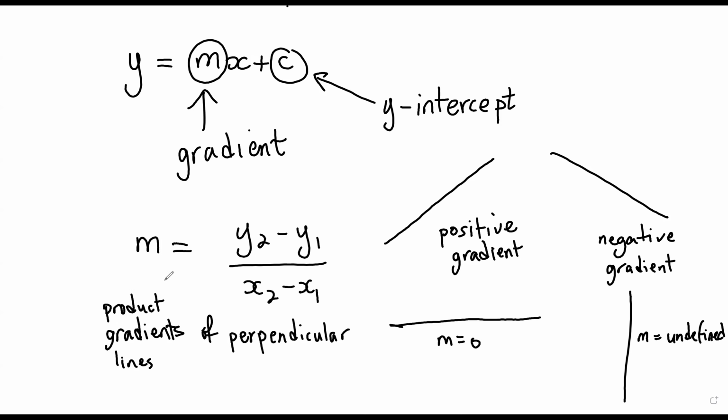That would mean, if you have a line, and let's move on to another page here, let's say you have this line and a line perpendicular to it. Say this line is AB and its gradient is m equals 2 over 3, and this line is CD.